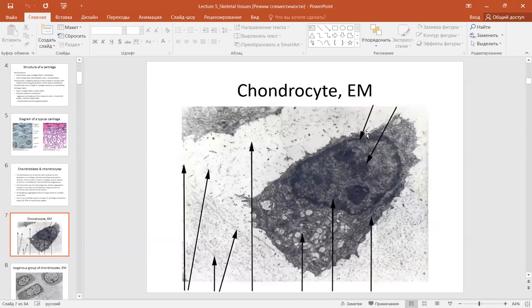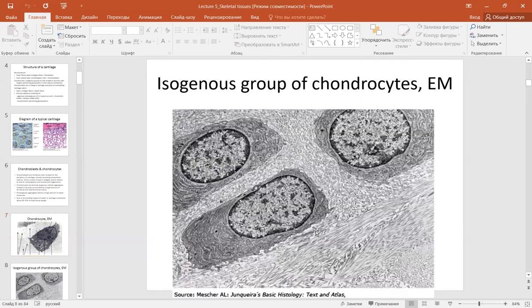Here you have the typical chondrocyte located in the lacuna. Surrounding is the extracellular matrix. In the chondrocyte, you see the nucleus, nucleolus, the rough endoplasmic reticulum, the Golgi complex, and the vesicles which contain the elements of extracellular matrix of chondrocytes.